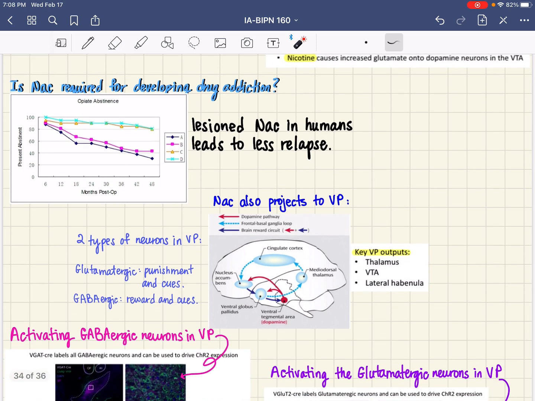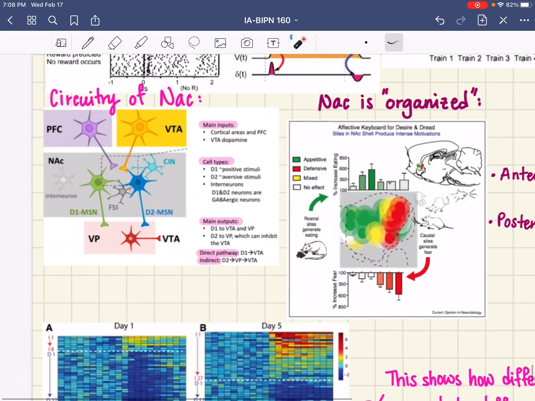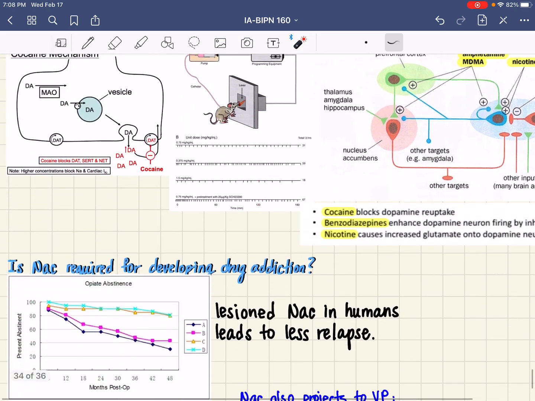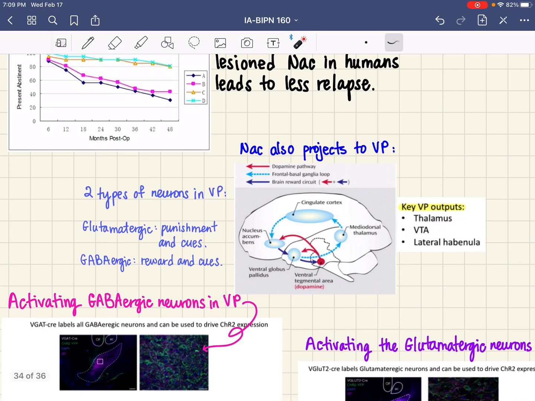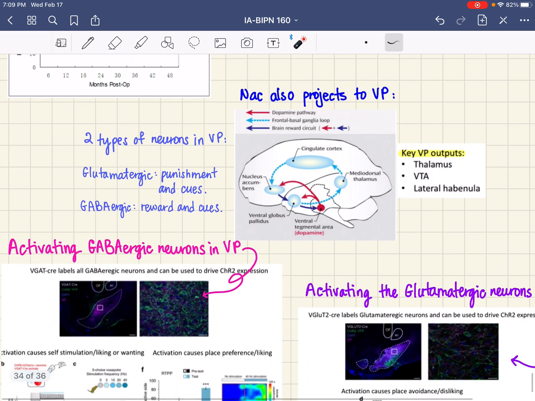Okay. If you remember back when we talked about this diagram, then you remember that the nucleus accumbens also projects to the ventral pallidum, the VP for short. So let's talk about the type of neurons that the VP contains. This is just another diagram of this circuitry. Over here we have the ventral tegmental area.